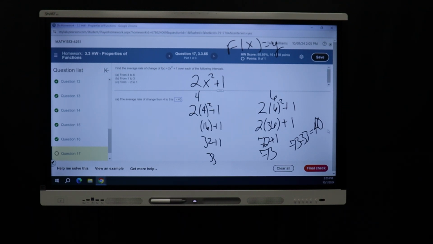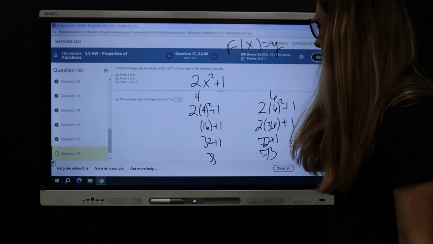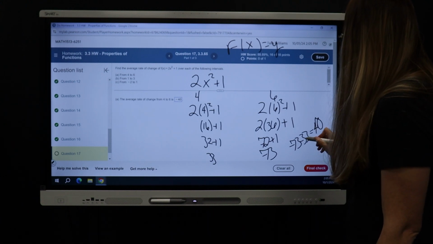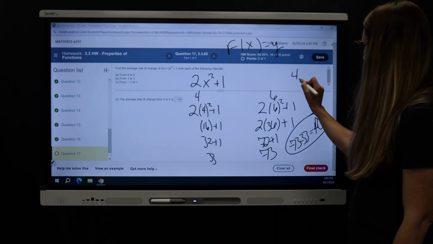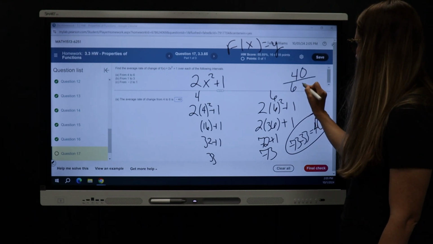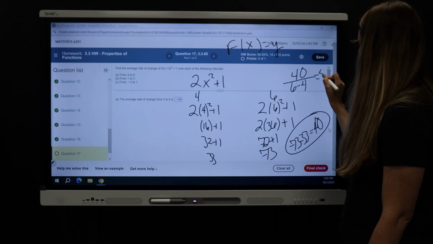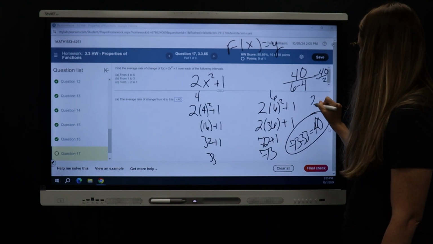And then you divide it by 6 subtract 4. So this was the average rate of change on the top. But then we have to divide this by, so it's going to be 40 divided by 2, which is 20.